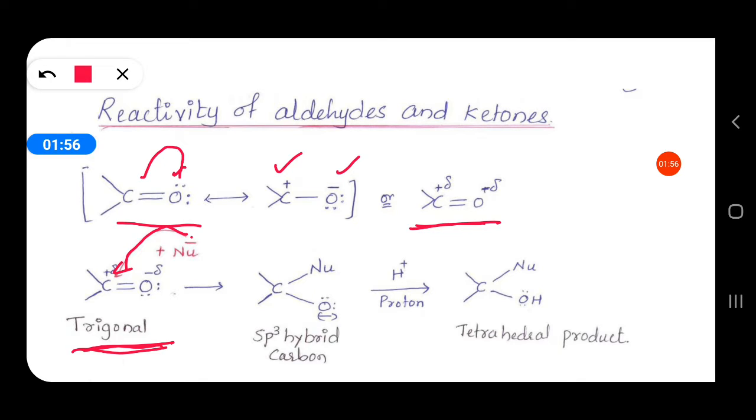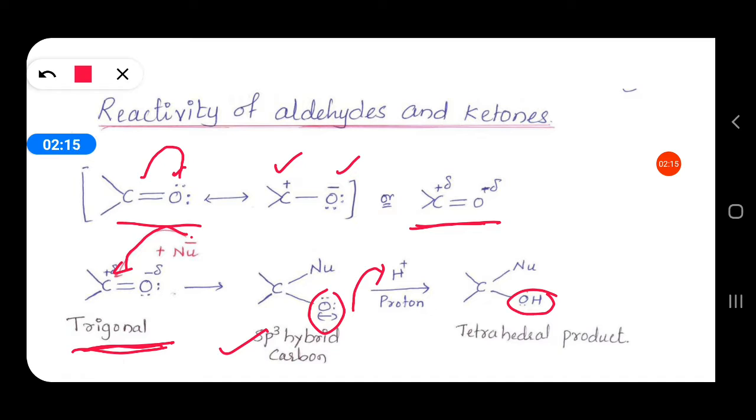Now the carbon becomes sp3 hybrid carbon, and as the negative charge on the oxygen is present, it accepts a proton and forms an OH bond.